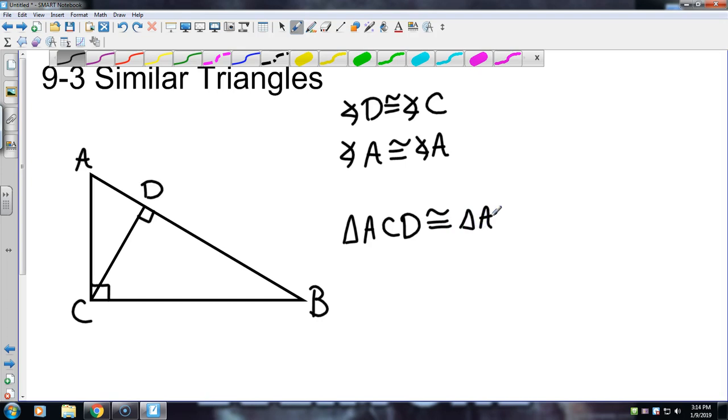And I know that C is congruent to D. Okay, I have to be careful here. Let me see. I may have made a mistake. Let me take a look at this. A, C, D.